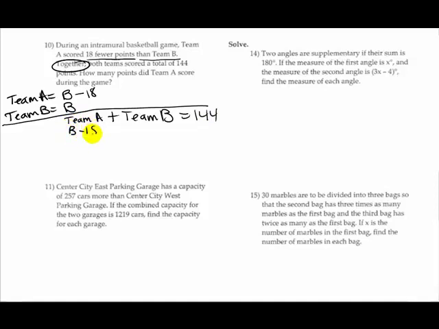Then we have to write our equation, and we've got Team A plus Team B, and we're adding because it says together they got 144 points. Then we're going to replace Team A with this B minus 18 and replace Team B with B.